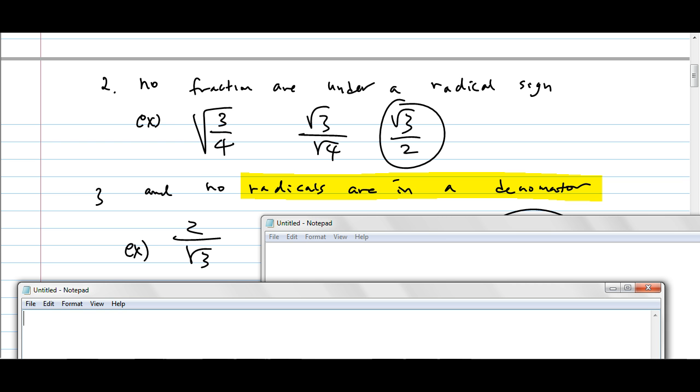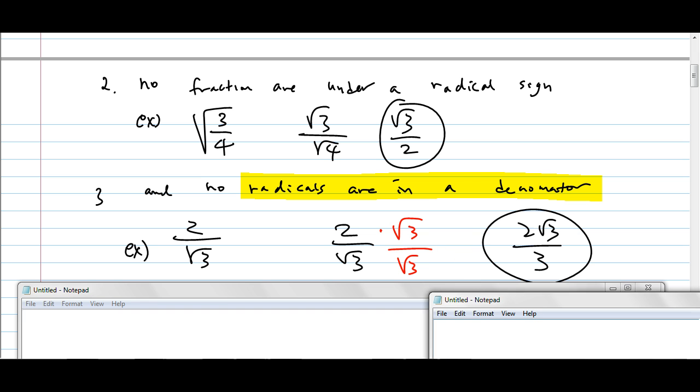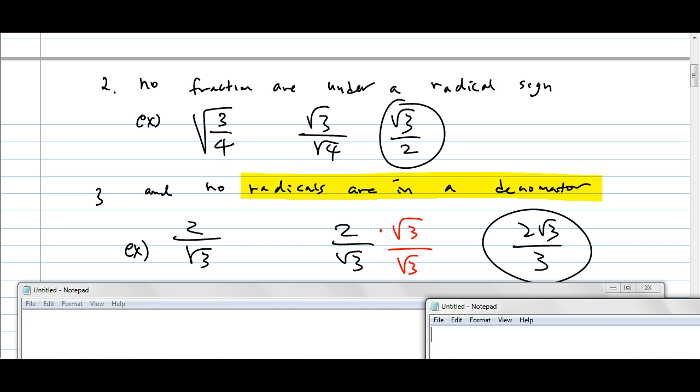No. So how do I fix this? Do you guys remember? Yeah, Peter. What do I do? You're right: multiply top and bottom, the numerator and denominator, by rad 3. Because after all, what is square root of 3 over square root of 3? 1. So it doesn't change the value of the fraction, but it does get rid of the denominator that has a radical, right? So you get 2 rad 3 over 3. Do you guys remember this?